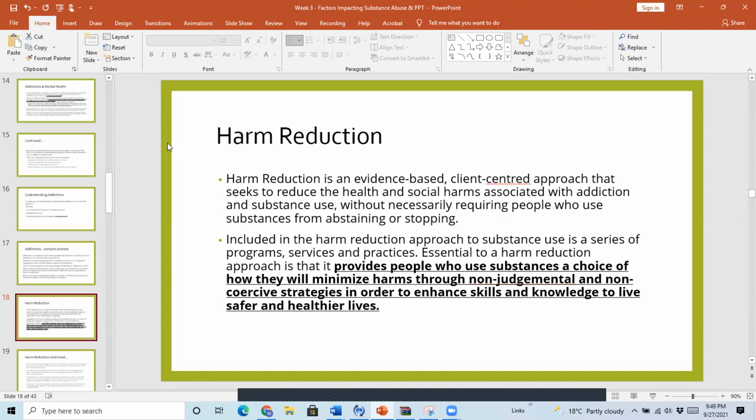You provide a person the channel or the medium to partake in whatever this behavior or substance is in a very non-judgmental way, but also provide them with the protective factors to try to offset that need and that addiction that has developed. So you try to create a very non-judgmental environment, use non-coercive strategies, and enhance skills and knowledge to live safer and healthier lives.